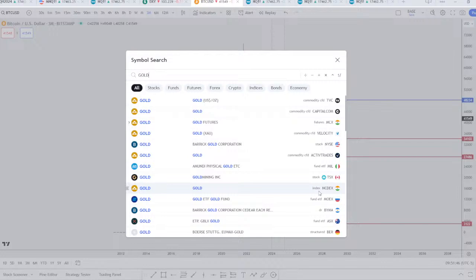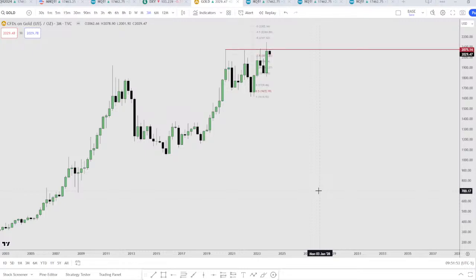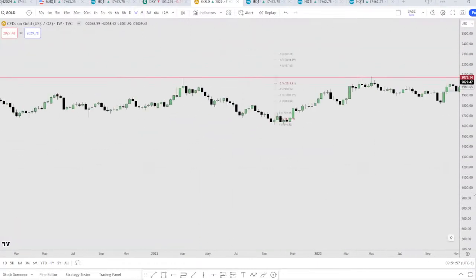Lastly, let's take a look at gold, on the weekly charts.